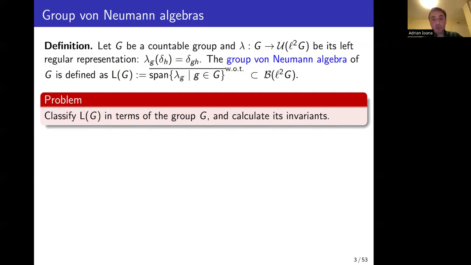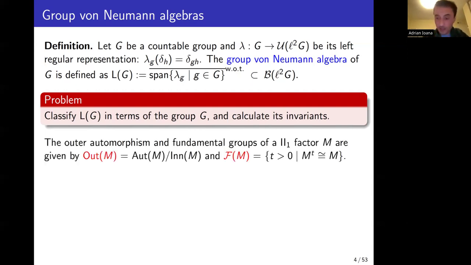again, depending on the group. And just to make sure we're on the same page, the two invariants that will appear in this talk for L of G are the outer automorphism group and the fundamental group, which I'll consider for II_1 factors. So Out of M is defined as the quotient of the group of automorphisms of M, so these are star isomorphisms of M onto itself, mod out by inner automorphisms.